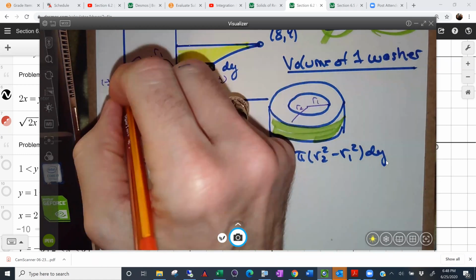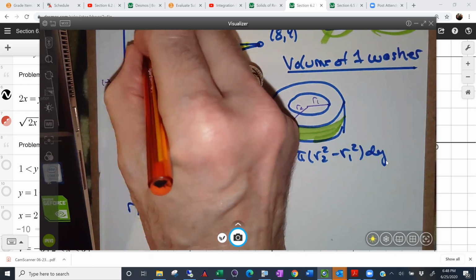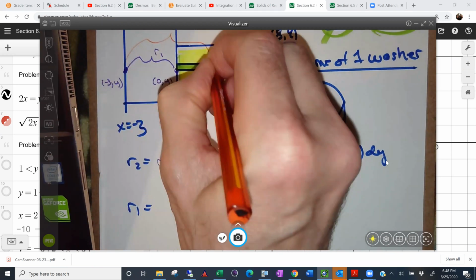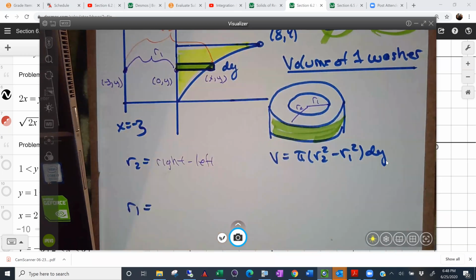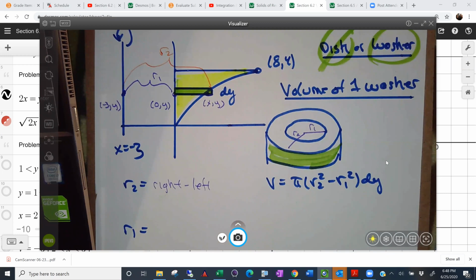And then the distance between these two, that's going to be R2. That's going to be my outer radius. So I need expressions for those. Let's start with R2, the outer radius.